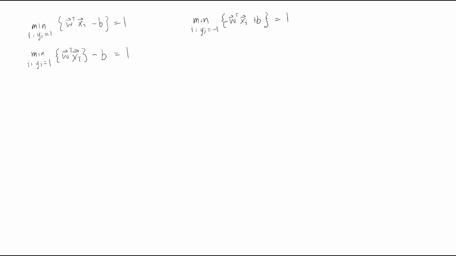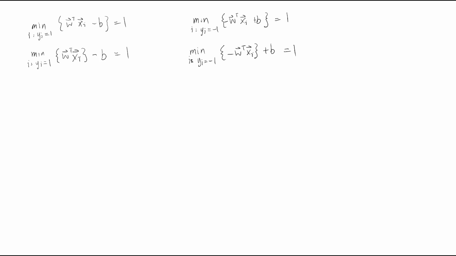Actually, I think that's all we need to do for now on this side. So let's work on the other side. Again, we're going to first take out the b: min over yi equals minus 1 of minus w transpose xi plus b equals 1.